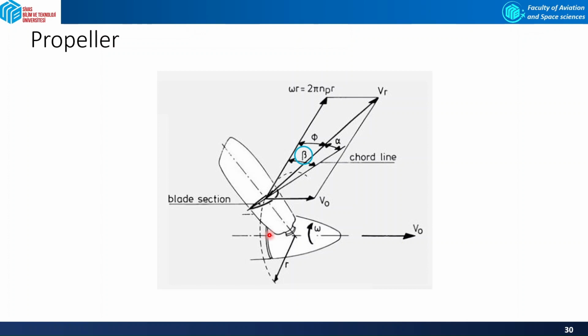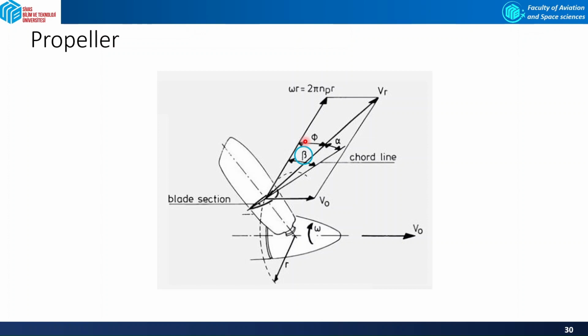The velocity of the blade depends on the rotational speed and the forward speed of the aircraft, and these velocities also determine the local angle of attack of a blade section. And together with the geometric angle of the blade, which is indicated by this beta in this figure, these determine the velocities of the propeller.